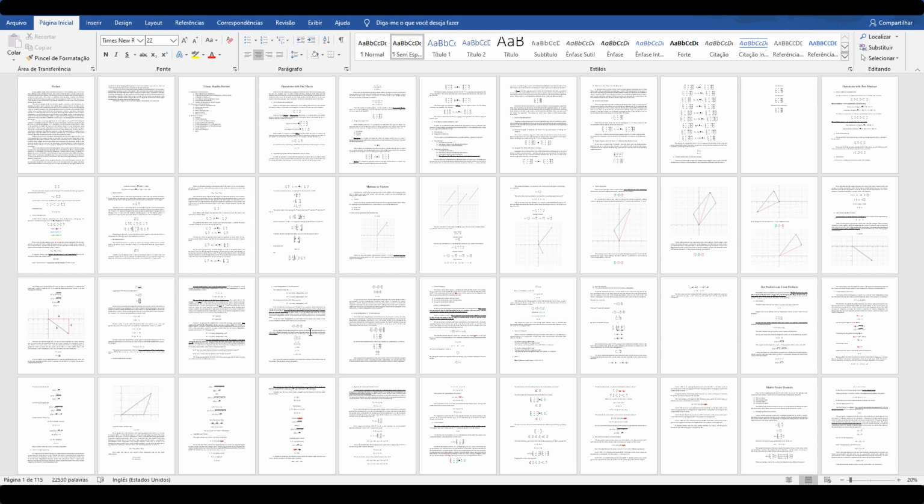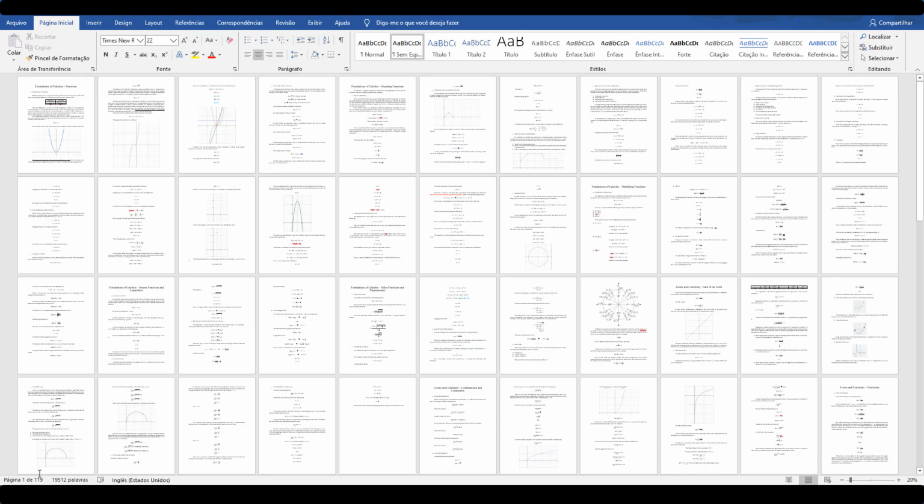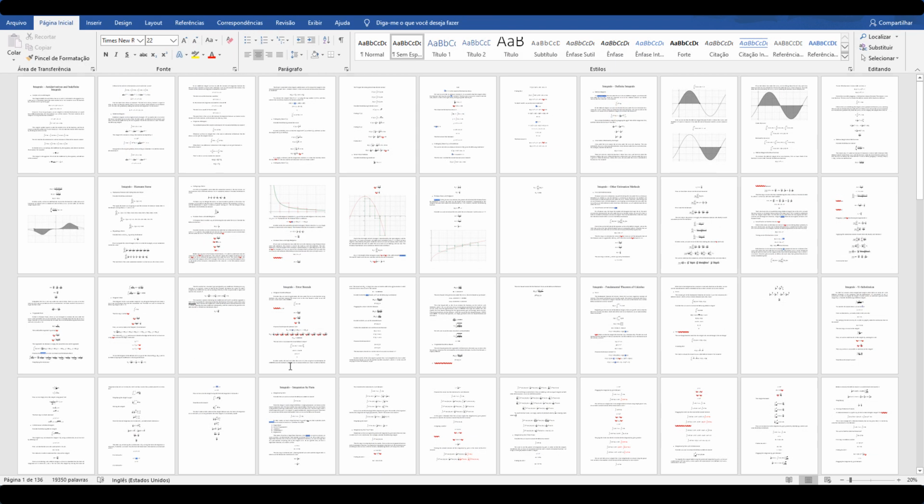I already finished writing the review of basic linear algebra, which has only 115 pages. The review of differential calculus, which has 119 pages, the review of basic inferential statistics and probability theory, which has only 64 pages, and the review of integral calculus, which is almost complete and has about 136 pages.